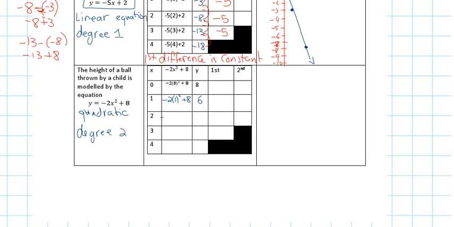Negative 2 times 2 squared plus 8. 2 squared first. Okay? 2 squared is 4. 4 times negative 2 is negative 8. Add 8 is 0.